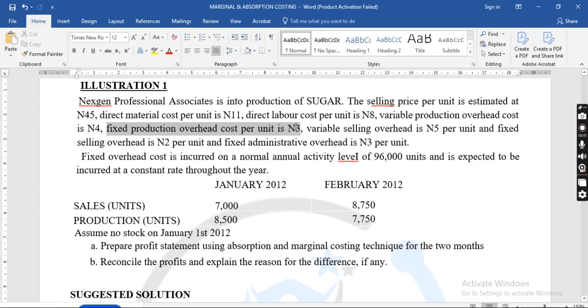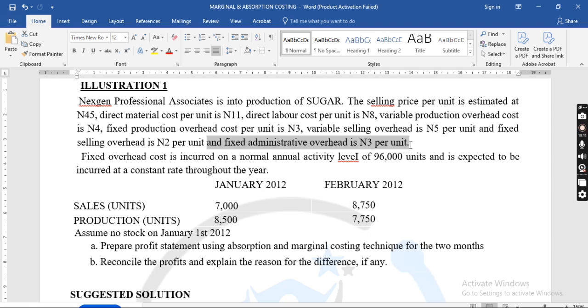Now, fixed production overhead cost per unit. They've given us the fixed production overhead cost per unit. This is variable selling overhead, and this is fixed selling overhead, and this is fixed administrative overhead. Now we need to bring out the variable cost first.